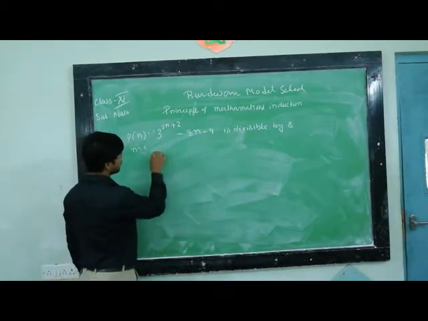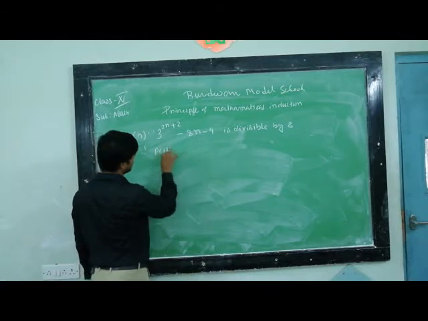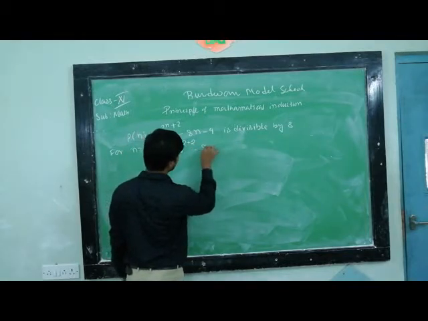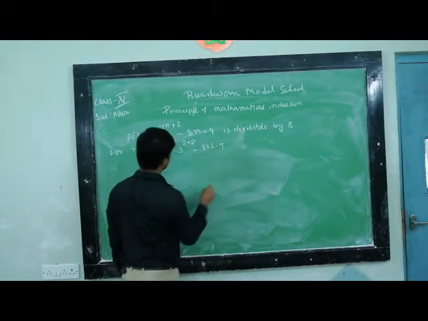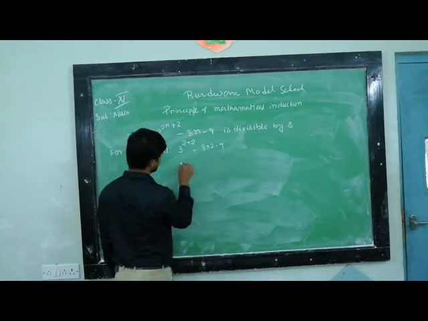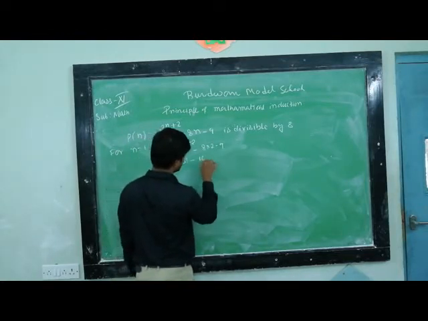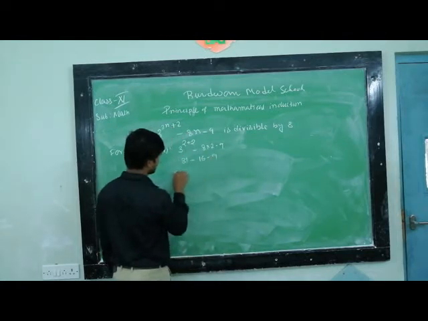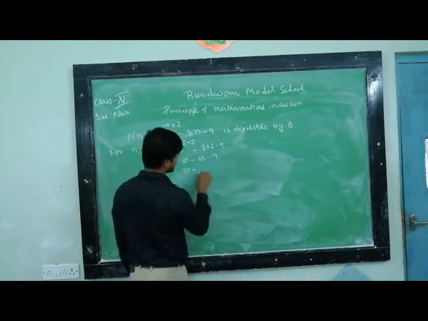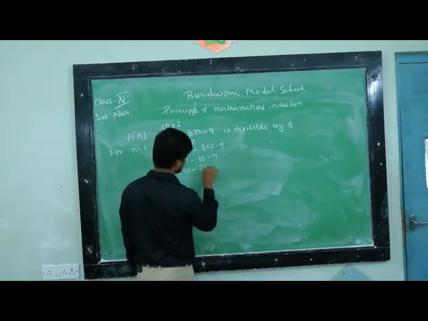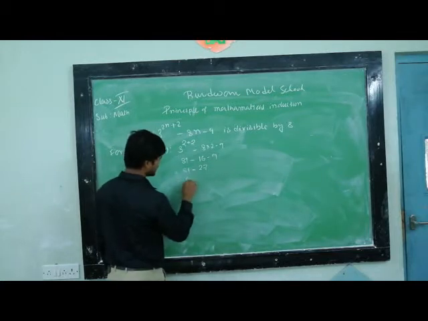So the left hand side will be 3 to the power 2 into 1 plus 2 minus 8 into 1 minus 9, that is 3 to the power 4, which means 81 minus 8 minus 9, that is 81 minus 17, so that is 64.